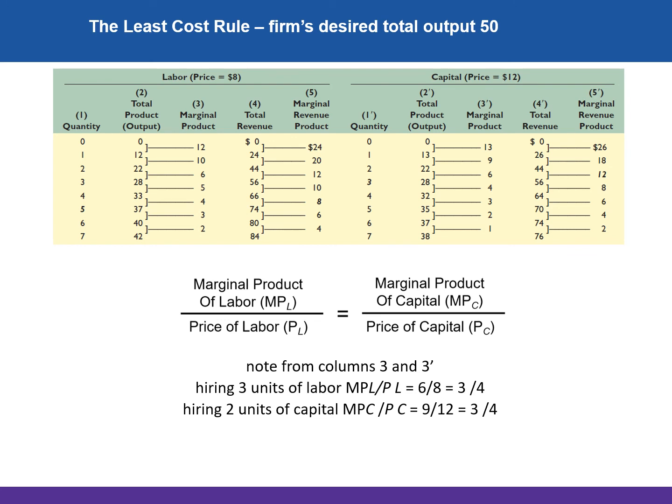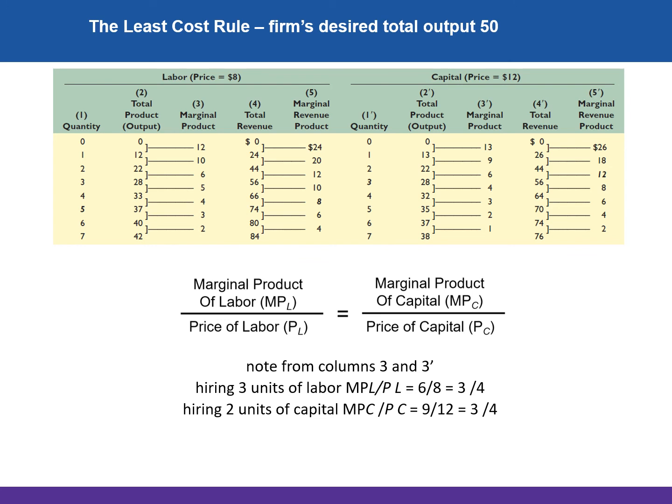This should help reinforce the idea of the combination of resources that minimizes cost. This firm could hire 1, 2, 3, 4, 5 workers, which would contribute 37 units of total product, and 1 machinery, which would contribute 13 towards total product, 13 level of output, and 37 plus 13 would also equal 50.